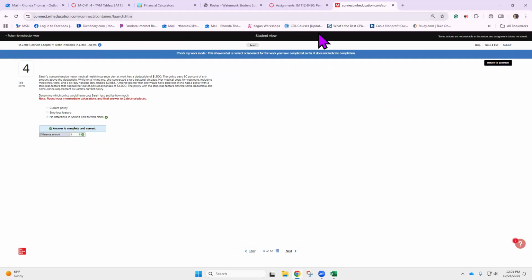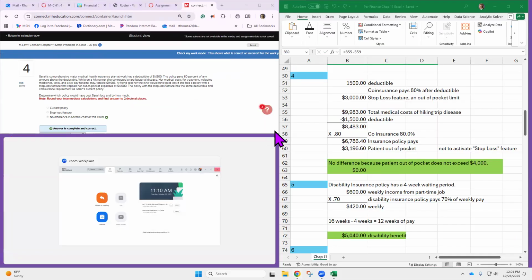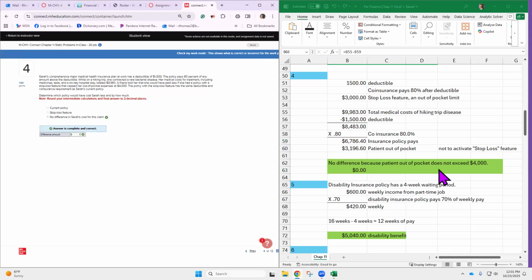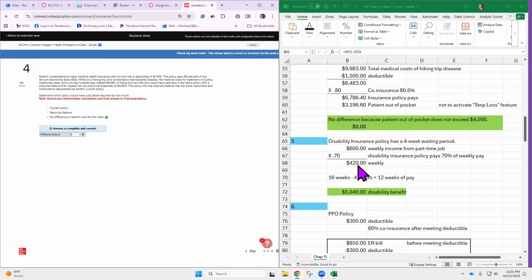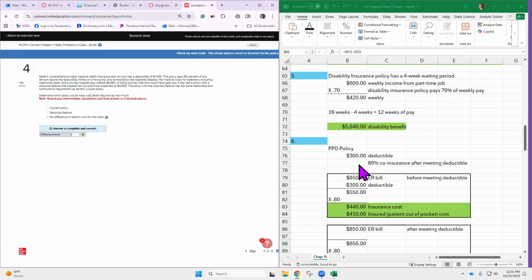She would have gotten injured more and had more done possibly. Stop loss features are good, but they don't always help. If she had one that was $3,000, then she wouldn't have to pay the $196.60, right? So that stop loss feature is the limit she'll have to pay. All right, onward we go to number 5.